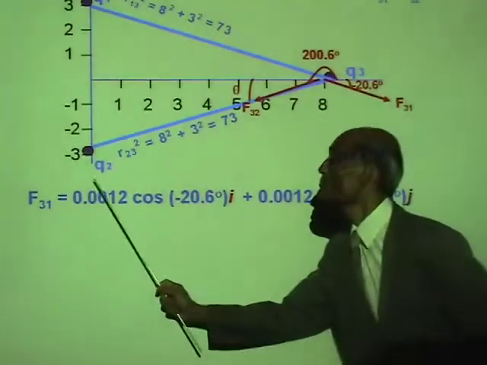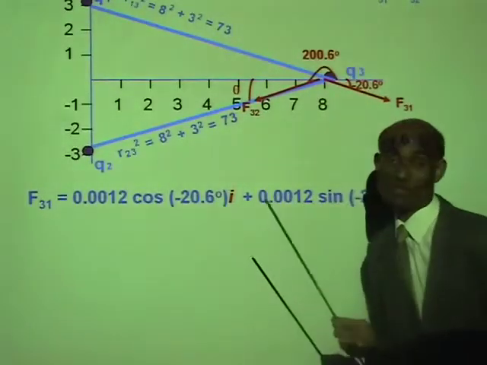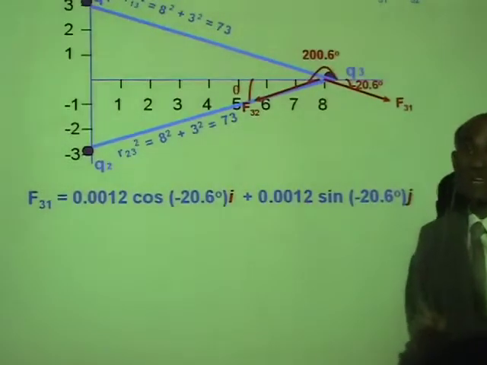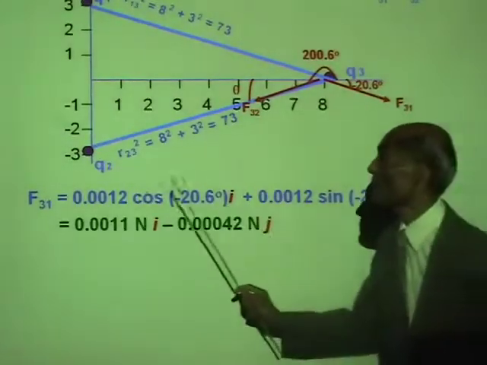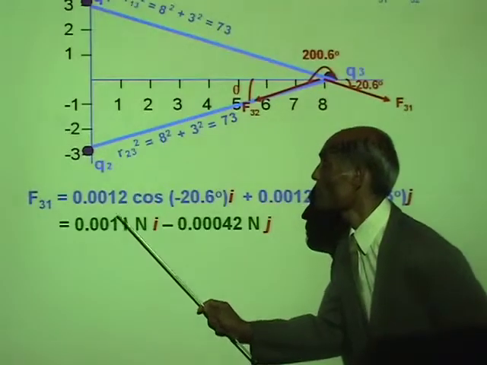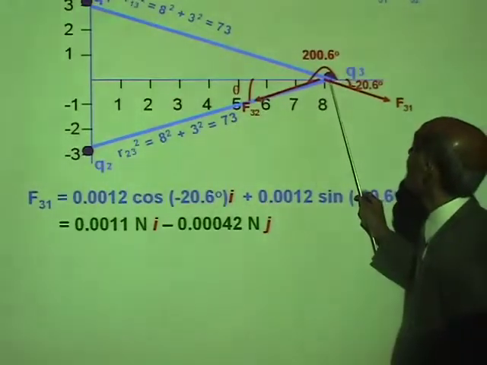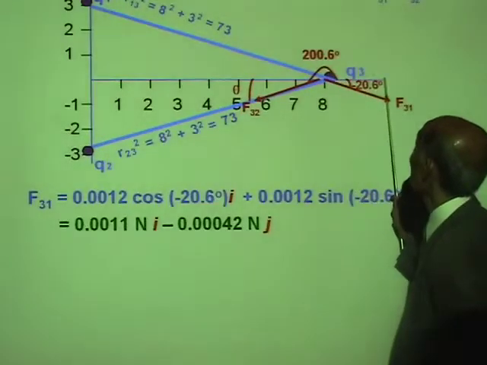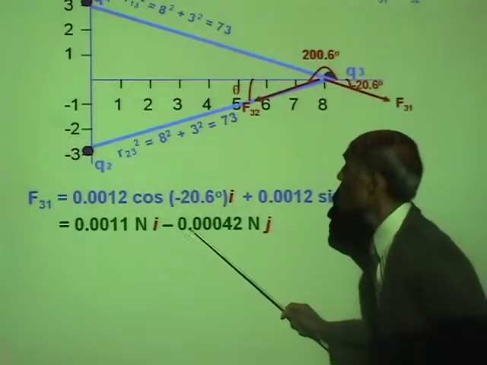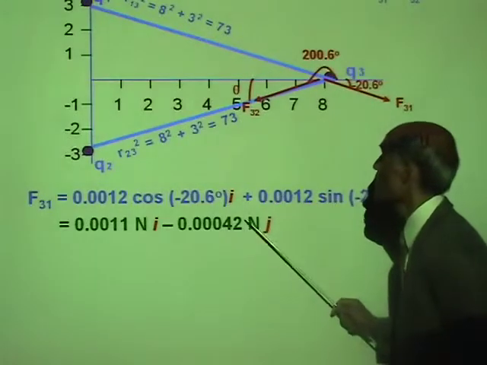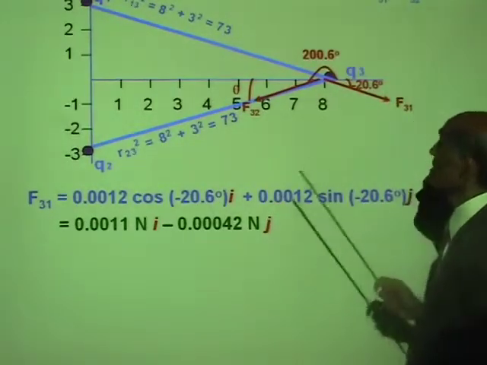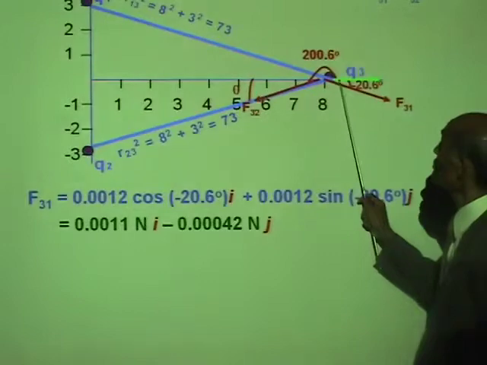Now, you need to put that in your calculator, but make sure that your calculator is in degree mode. Now, that will be 0.0011 Newton i, that is the x component, and minus 0.0042 Newton j, the y component.